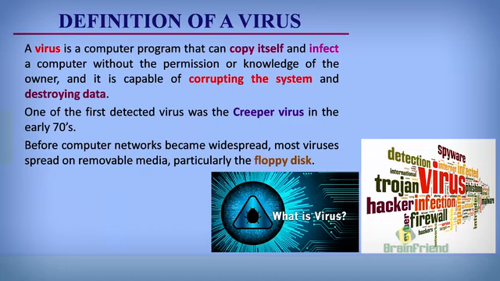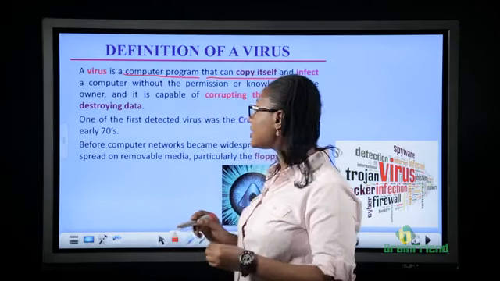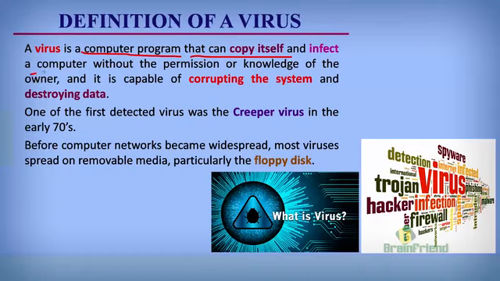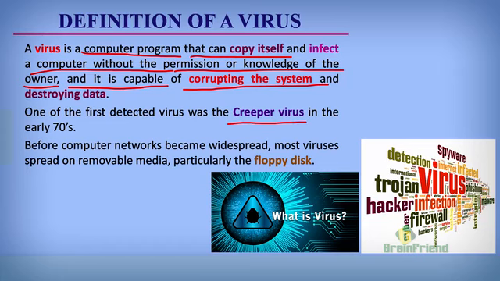A virus is a computer program that can copy itself. It has the ability to copy itself and infect a computer without the permission or knowledge of the owner. And it is able to corrupt the system and then destroy data. So one of the first detected viruses was called the Creeper virus, and it was found in the early 70s.